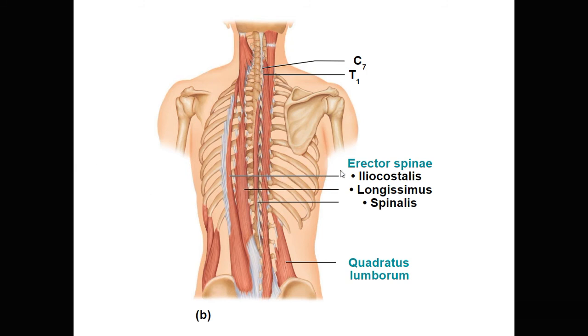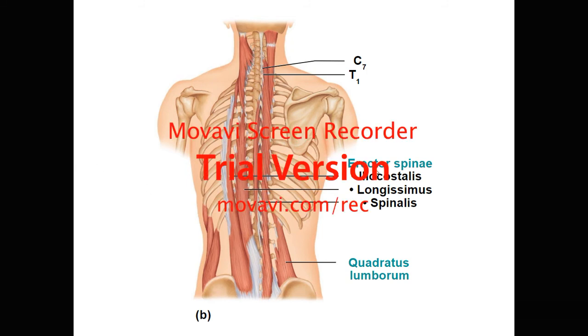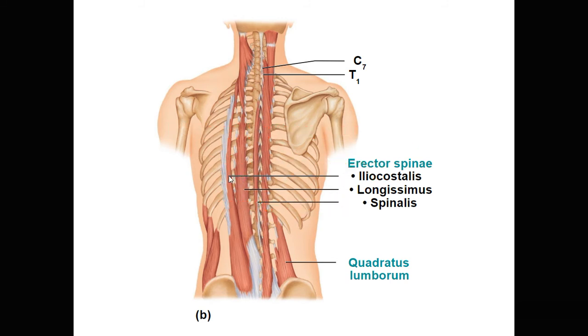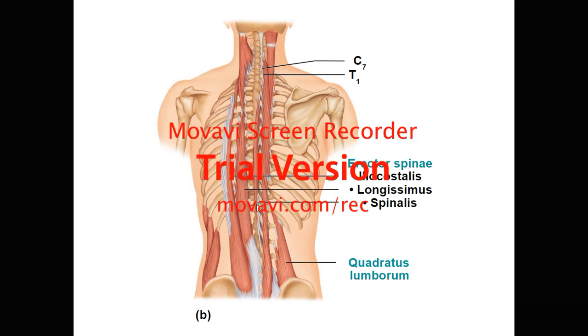So you have erector spinae muscles: iliocostalis right here, longissimus right here, and spinalis right here.